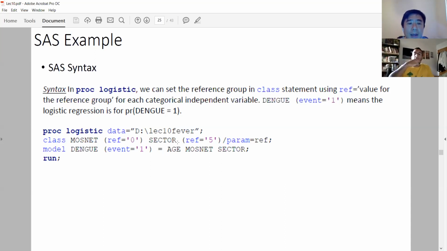So the way to do that, if you treat it in SAS as a 0 and 1 variable, you will use the rule. If you don't treat it as a 0 and 1 variable, you treat it as 1 and 2.